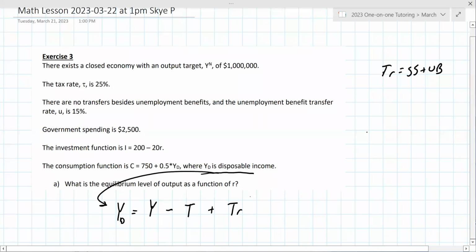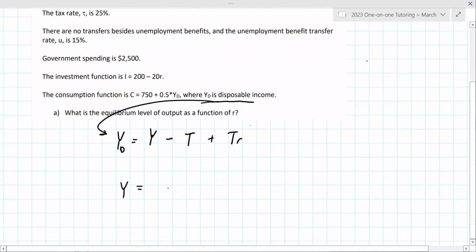There's this other formula for Y. Y is equal to C plus I plus G. And I guess the idea here is that we can get a formula for Y. I is given, G is 2,500, so that's given. C comes from this formula right here, which is based on this formula here.